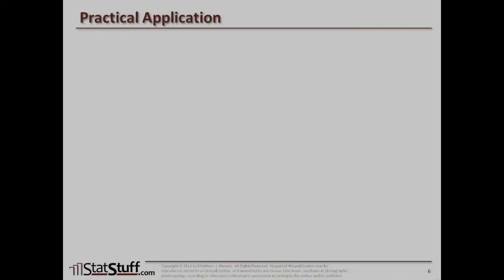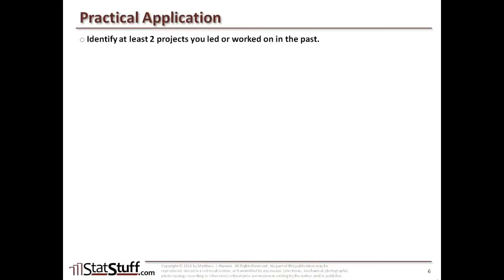All right, before we close this lesson, let's discuss how we can apply some of these concepts in a practical way. I'd like you to try to find at least 2 different projects that you've worked on in the past or may have led yourself. For each of those different projects, ask yourself some of these questions that we've reviewed at the third level within the measure phase.